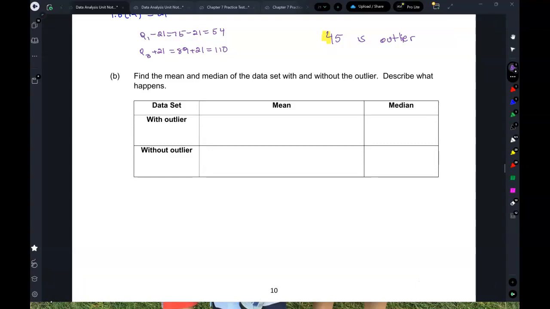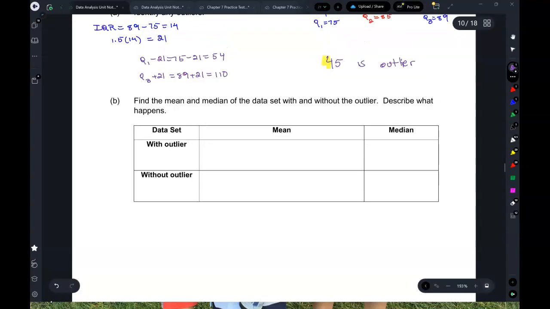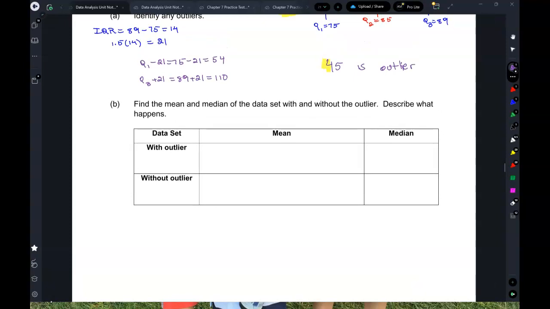Okay, so now let's see how this affects things. We're going to find the mean and the median with the outlier, then without. With the outlier, the mean is 45 plus 71 plus 79 plus, plus 94, all over how many of them are there? 8.